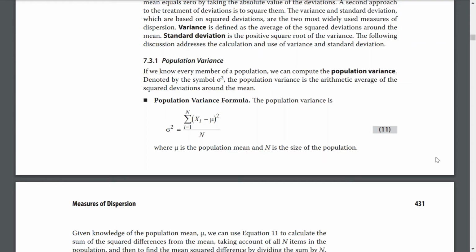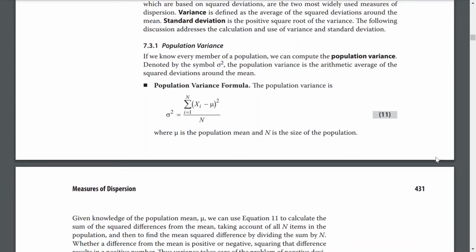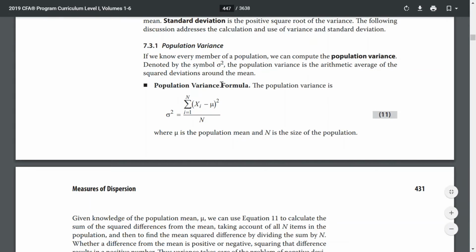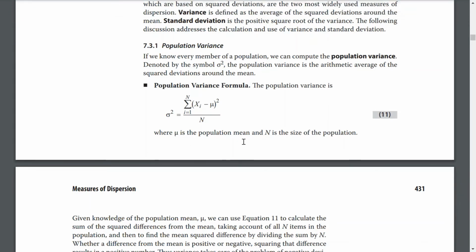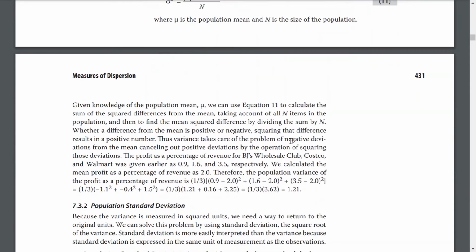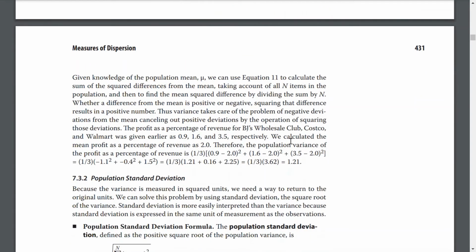Population variance formula: the population variance is this, where mu is the population mean and n is the size of the population. Given knowledge of the population mean, mu, we can use equation 11 to calculate the sum of the squared differences from the mean, taking account of all n items in the population, and then find the mean squared difference by dividing the sum by n.